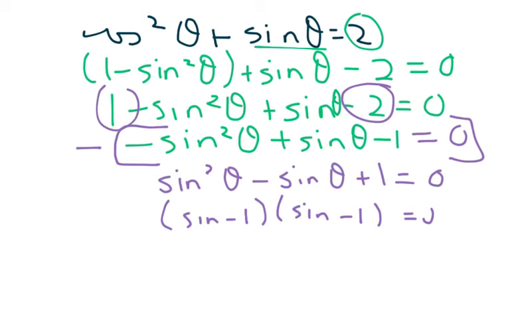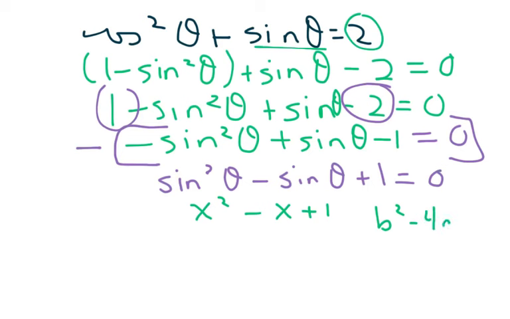Basically, let me try to factor this again. Can we factor this? Because the way I did it before, you'd have to have a 2 here. We can't factor this. Remember the discriminant, if you had x squared minus x plus 1, and my discriminant was b squared minus 4ac. If this is negative, then we have no real solutions.